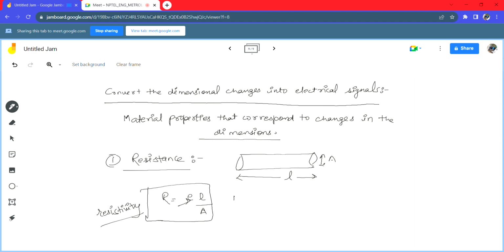So I can directly see that R is directly proportional to L.